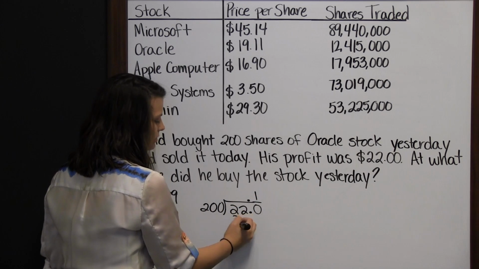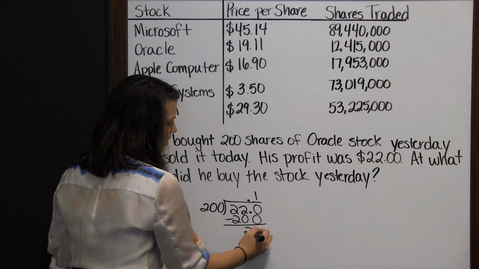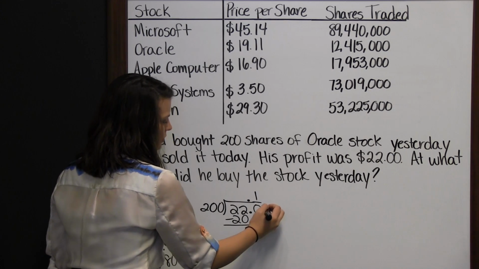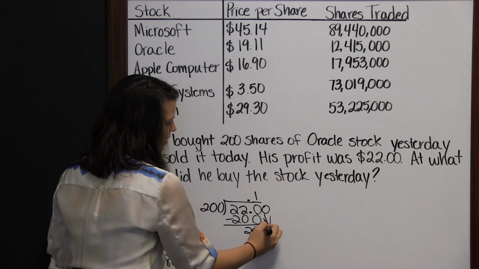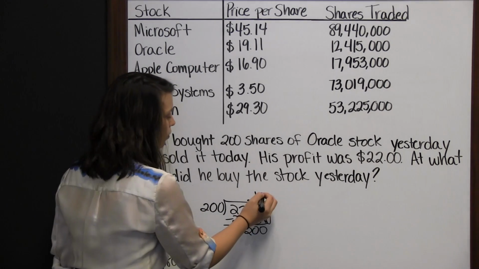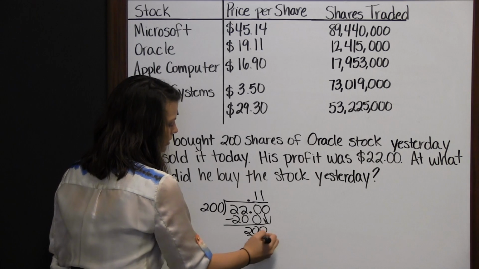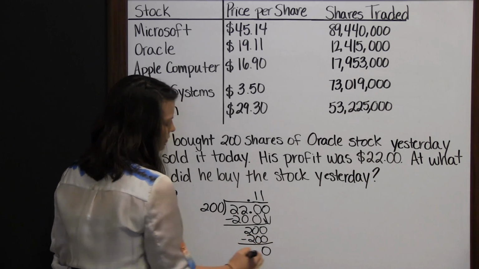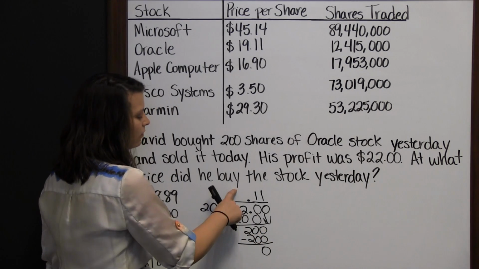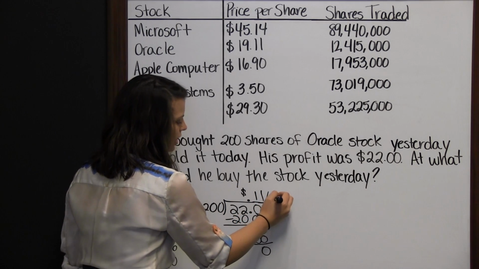And 200 times 1 is 200. We subtract and we get 20. So we add another 0 and bring it down. 200 goes into 200 one time. 200 times 1 is 200. We subtract and we get 0. Now we know that he made 11 cents per share.